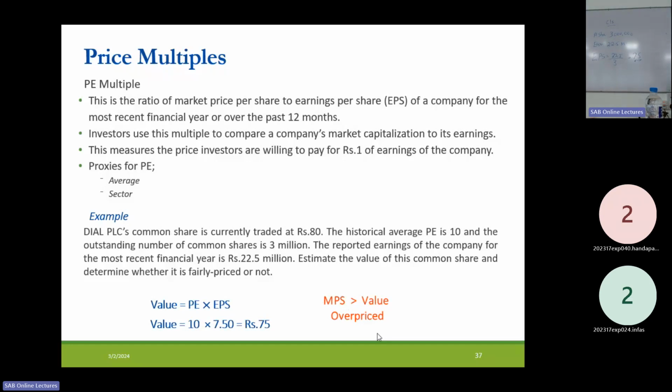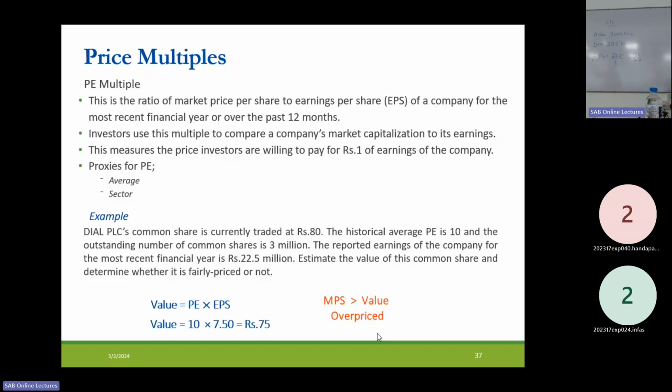Now the current price of the company is 80 rupees. The value is 75. So then what is happening for the company shares? Overpricing or underpricing? The currently trading price is 80. The fundamental value of the company shares should be 75.